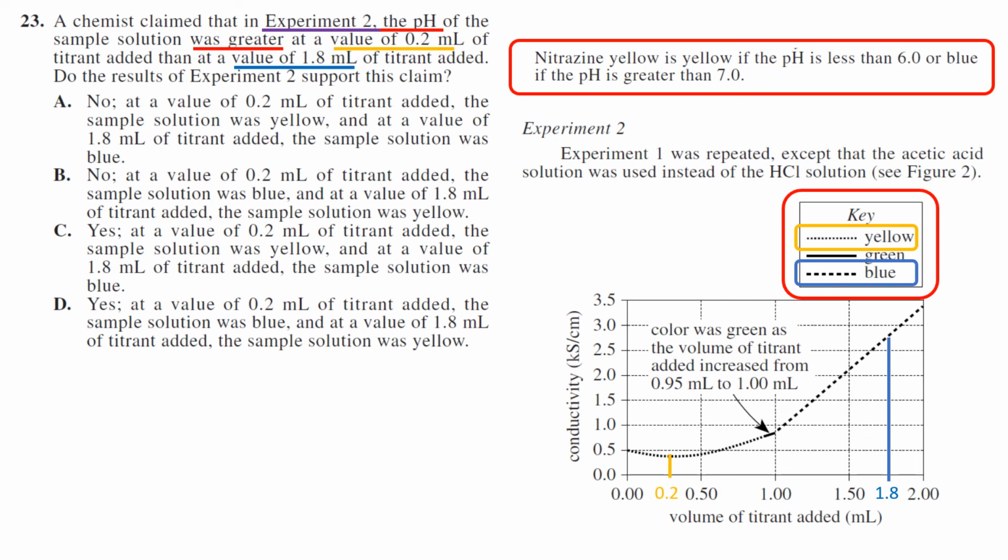You don't really know if it's acid or basic, it's just that the pH is higher at that level. So the answer is no. At a value of 0.2, it was yellow. That is true. And at 1.8, it was blue. You could process of elimination some of these other ones as well and just say which ones do not say what's true. So for example, in choice B, it says at 0.2 the sample was blue, and that's not true. At 0.2 it's yellow. So you can use that way to eliminate some of them. So your answer is A.